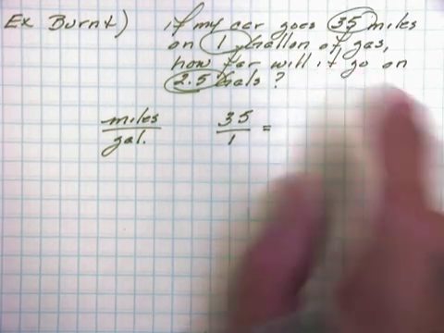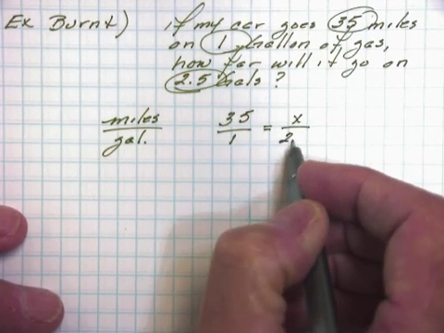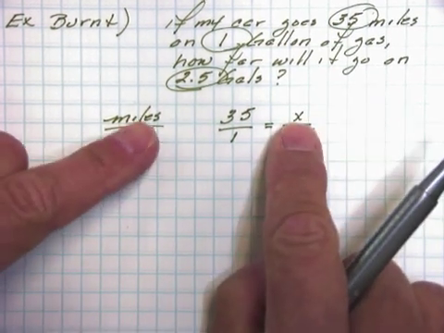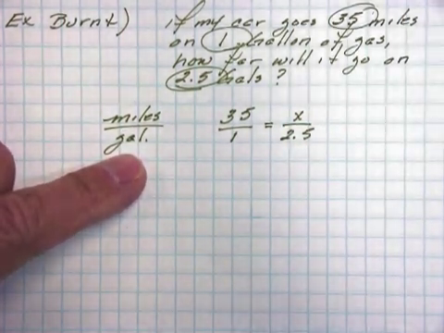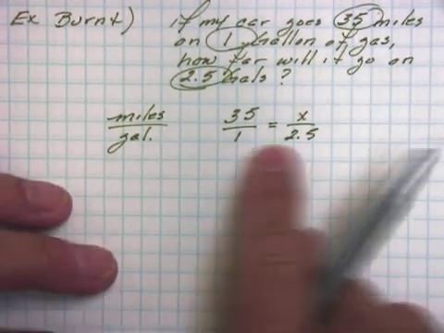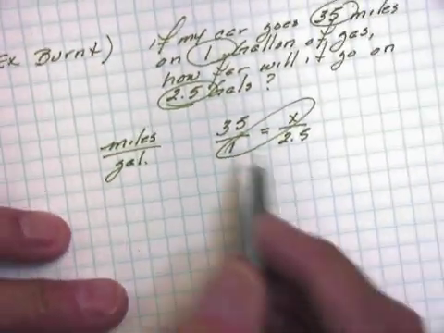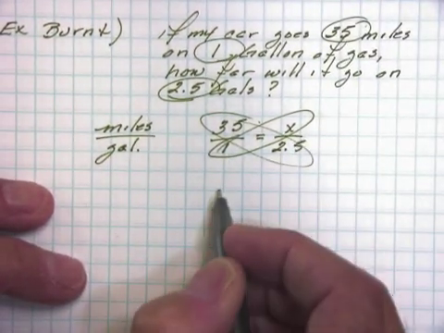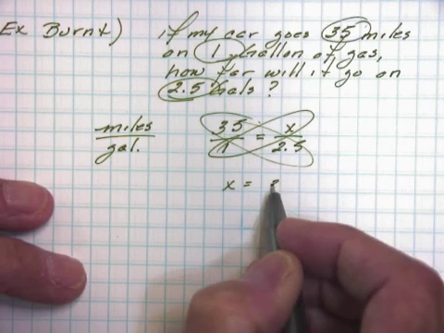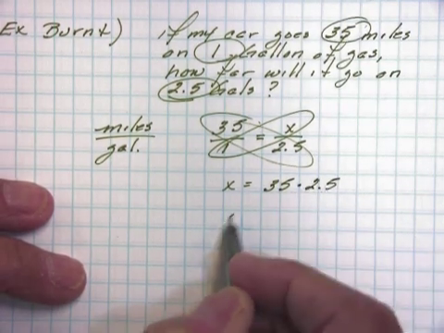Equals, now I have 2.5 gallons, but I want to know how far it's going to go. So how far will it go? That's my variable. That's my x, my unknown. So that's going to be x up here, and I go 2.5 here. So how far I go, miles in the numerator, over 2.5 gallons in the denominator. And you can see I can use cross multiplication now. 1 times x, 35 times 2.5.